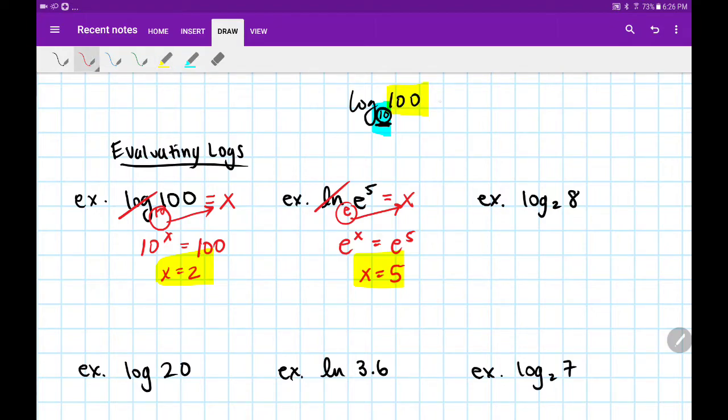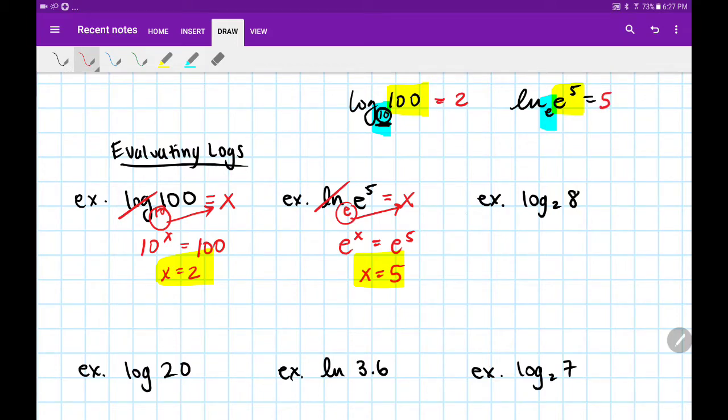The missing exponent is our answer, 2, because 10 to the power of 2 gives us 100. Let's do it again with the natural log question. We had natural log of e to the 5th, so the missing base was e. Again, without showing any work, recognizing the pattern of what a logarithm does, start at the base and say, e to which power gives me e to the 5th? The answer is 5.